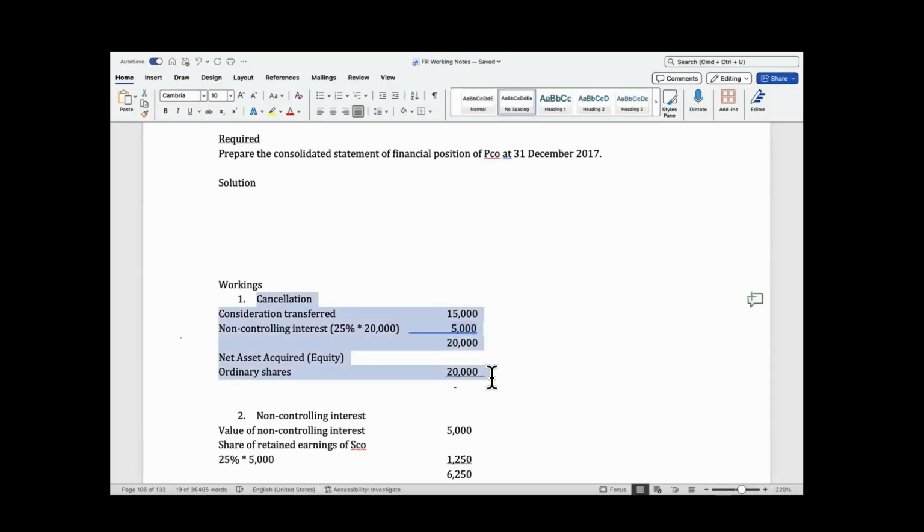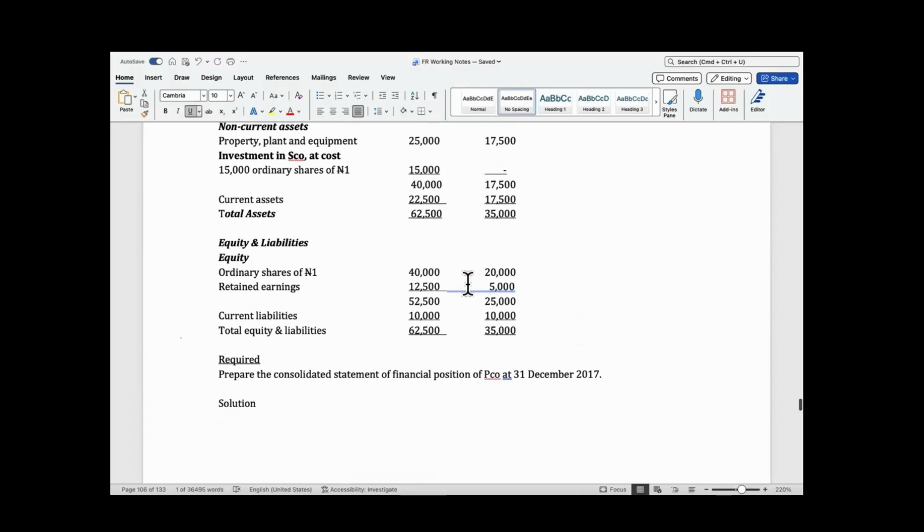It says we should identify consideration transferred plus non-controlling interest, in fact, plus previously held equity interest. I will teach the professional guys that when I'm teaching piecemeal acquisition. So minus net asset acquired in the subsidiary. What we're trying to do is, at any point in time, compare 100% with 100%. Which is why Michael was saying that the only equity that shows in the consolidated accounts is that of the parent alone.